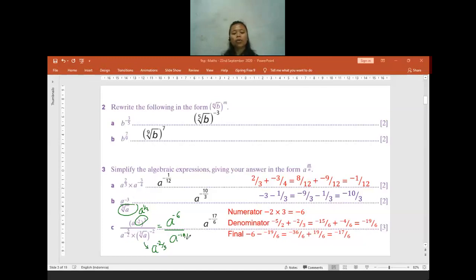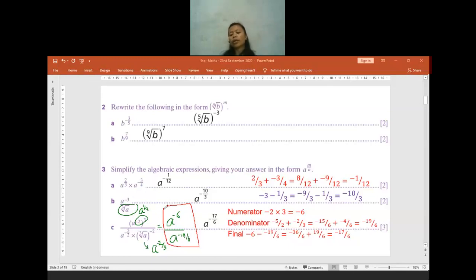So now I just calculate a to the power of negative 6 per a to the power of negative 19 per 6. This is division. Fraction means division, so we follow the index laws. We subtract the power. Negative 6 minus negative 19 per 6.